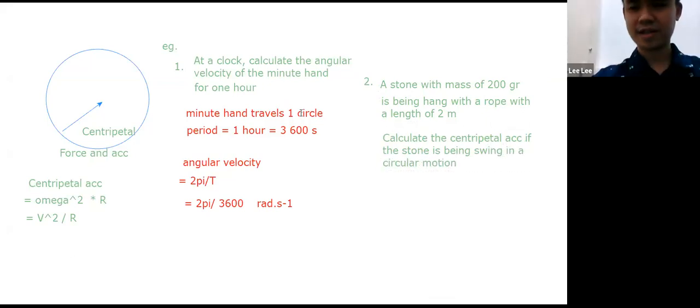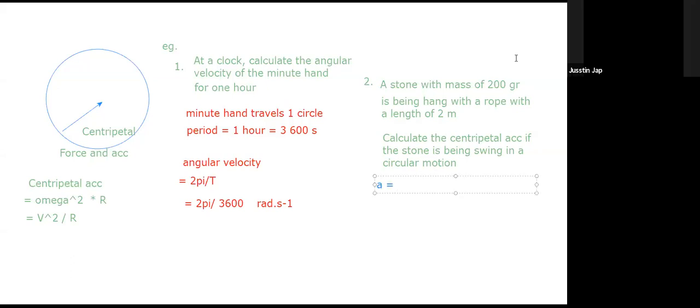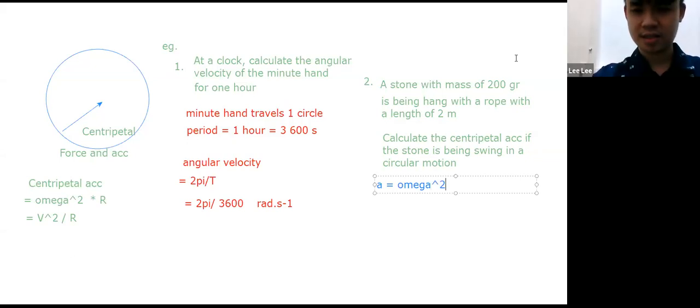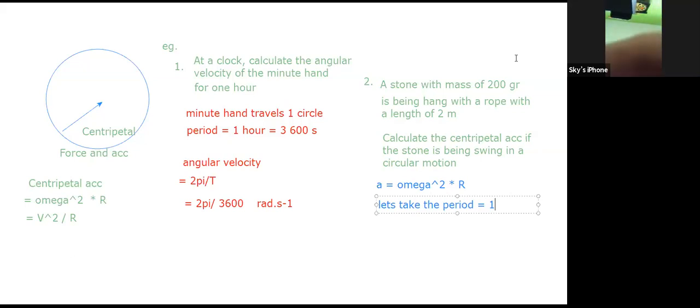Okay, calculate the centripetal acceleration if the stone is being swung in a circular motion. The formula is acceleration equals omega squared times r. Let's take the period as, let's say, 10 seconds. The question actually has to tell you.